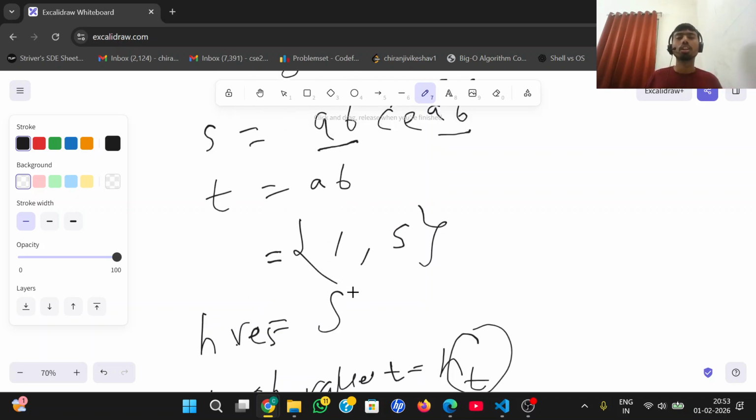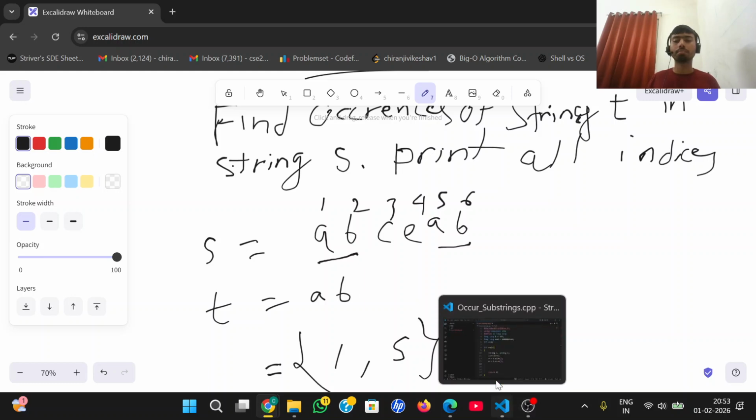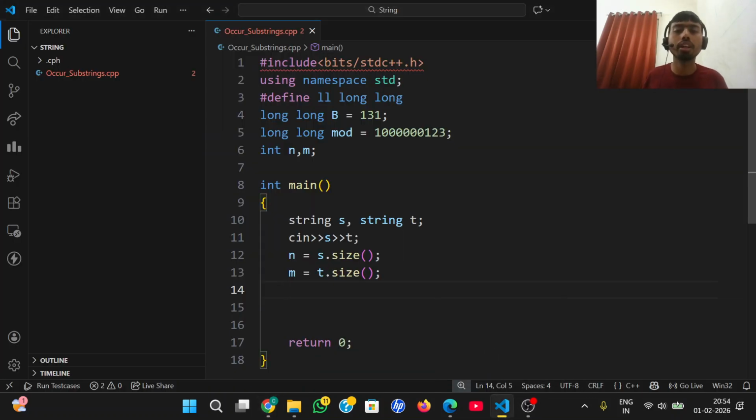Okay, so let us code this problem. I have already written the template of this problem. I have taken the input s and t, then the size of string s, and then string t.